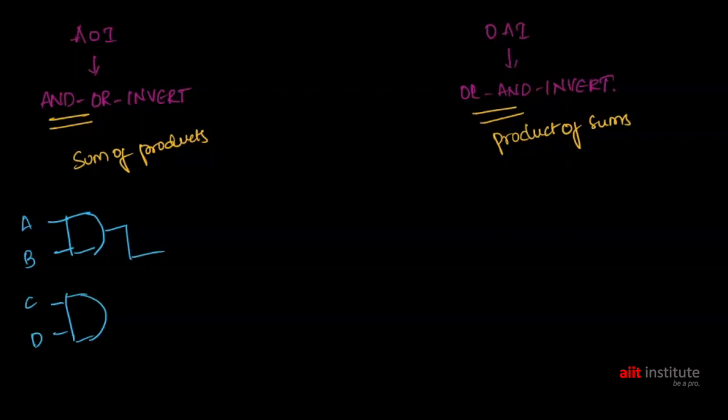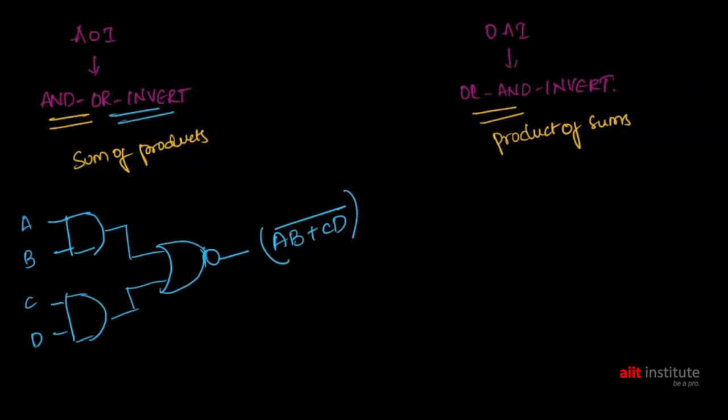The output of these ANDs is fed to an OR, because OR invert means OR complement, which means NOR. So that is why it is represented like this. So here this is the AND OR invert gate, which represents the sum of two products, which is AB and CD.